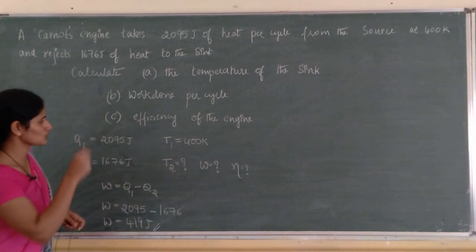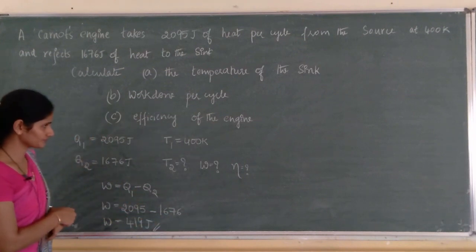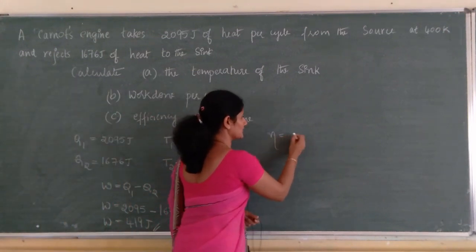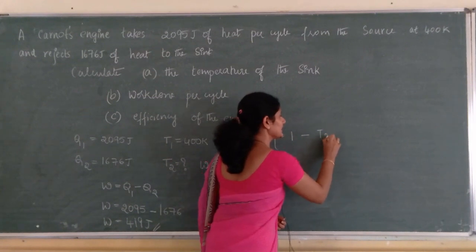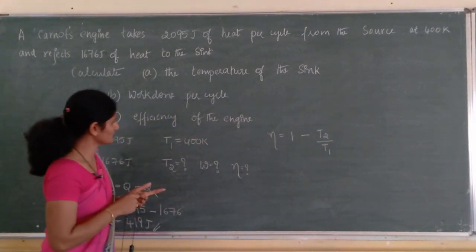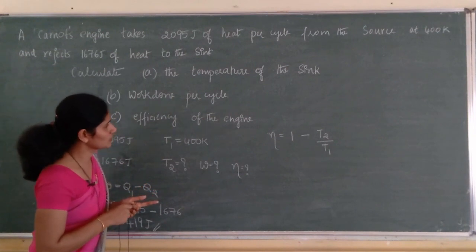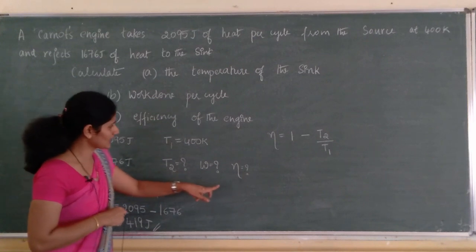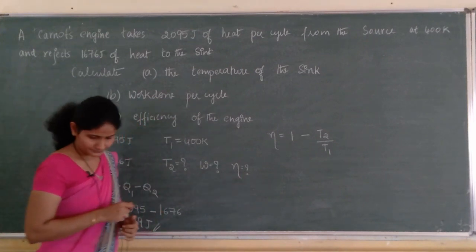Next, the temperature of the sink, that is T2. We know that efficiency eta is equal to 1 minus T2 by T1. Efficiency is not given, so we have to calculate eta.